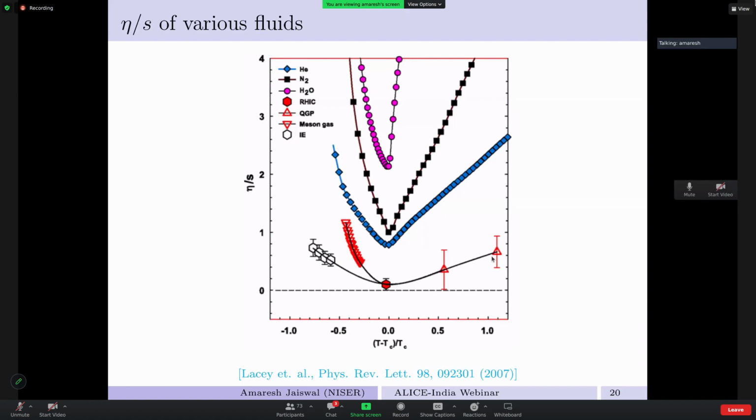On the right hand side there is the QGP, and on the left hand side is meson gas, and there looks to be some approach to a minimum value of eta by s, which is less than the values measured for all other fluids. IE is intermediate energy collisions, which also produce some values. The lines are just to guide the eye, not some fit.